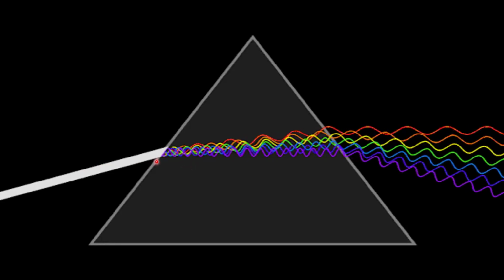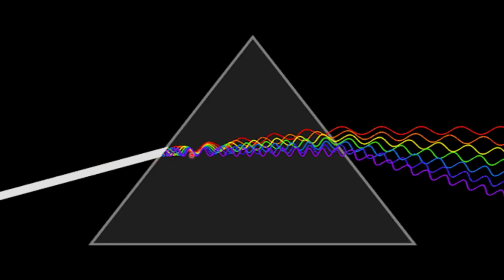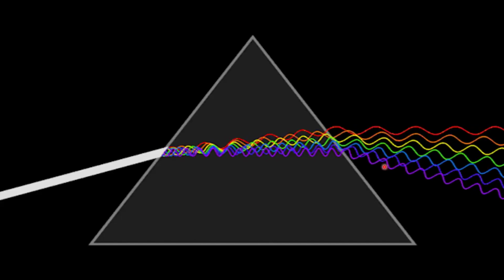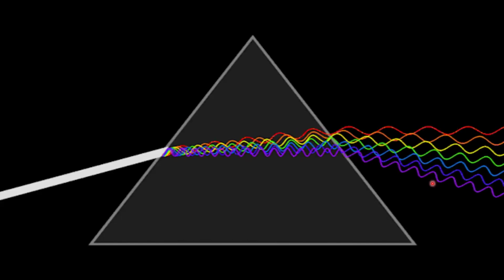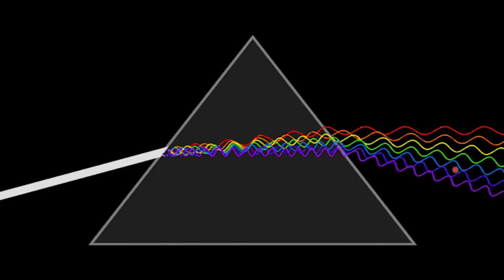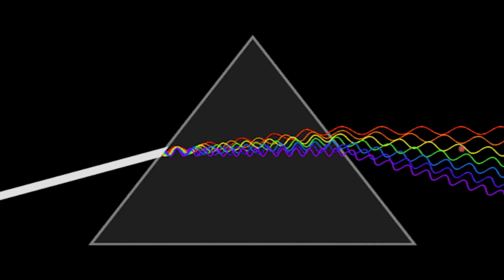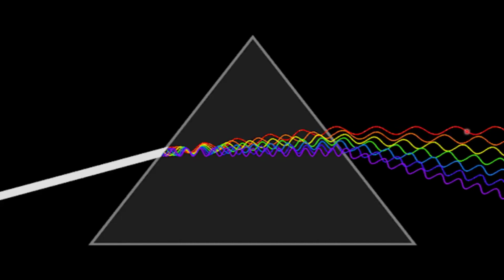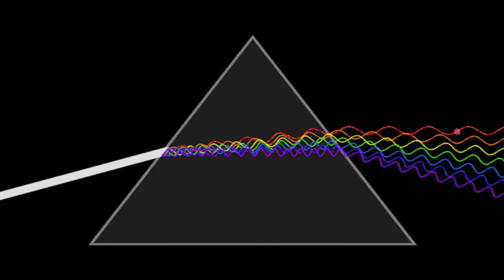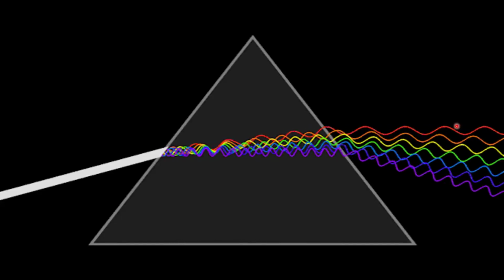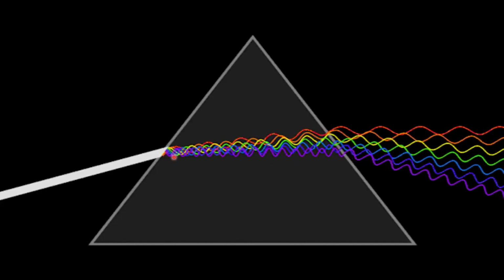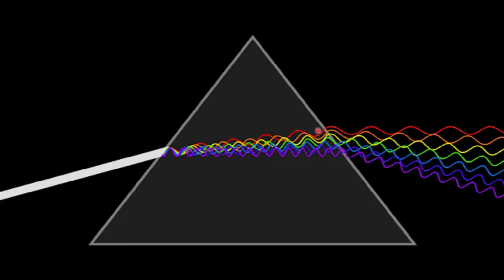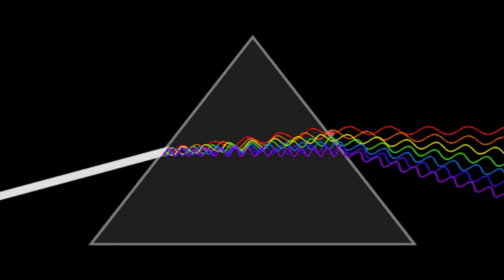So the blue light or the violet light waves are higher frequencies, you can see that. And if you go towards red, the frequency values are becoming less, making the wavelength longer. Right? And as you can tell, the violet waves bend more than the red ones, which means the red ones are less affected.